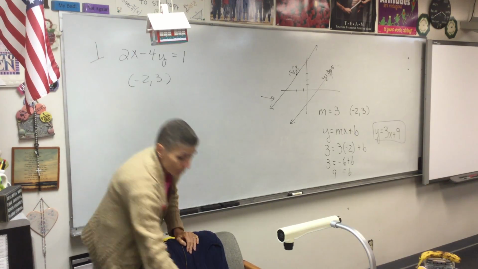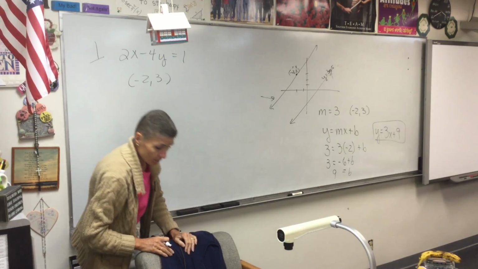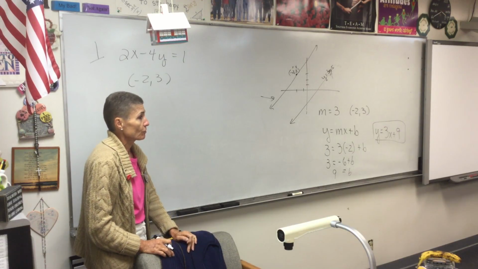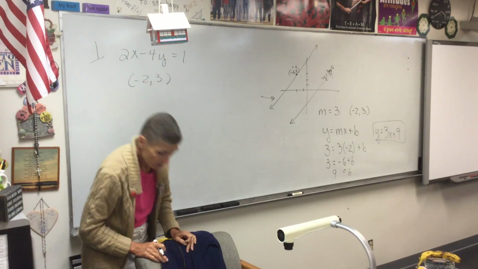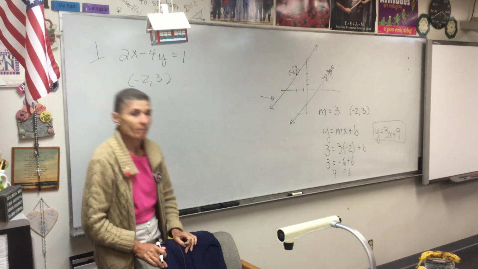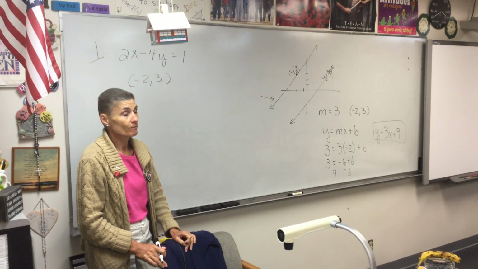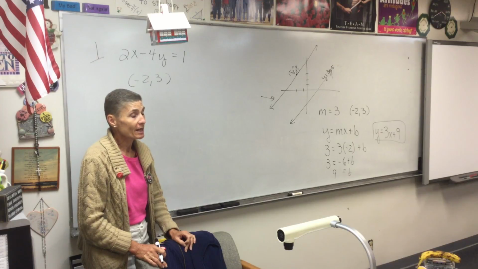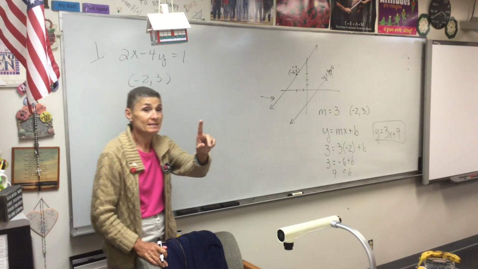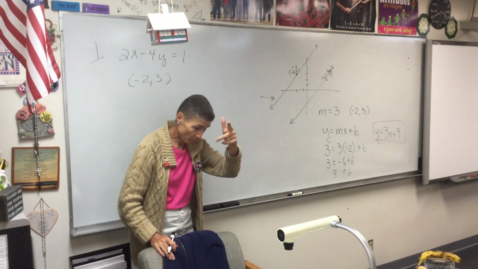Now, what are your thoughts on that? Do you remember? Deshanti remembers. It's the opposite slope. You're very close. That's awesome, but you have half of it. It's the opposite, but it's the opposite reciprocal.